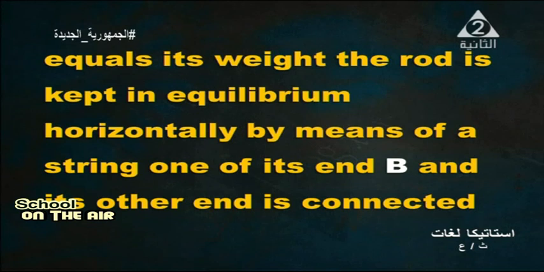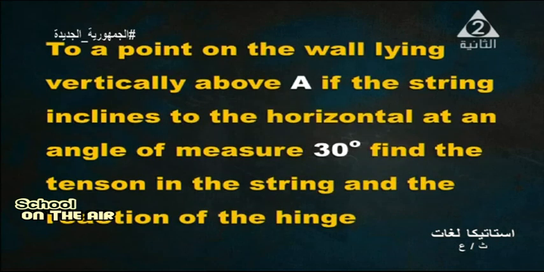The rod is kept in equilibrium horizontally by means of a string, one of its ends at B and its other end connected to a point on the wall lying vertically above A. If the string is inclined to the horizontal at an angle of measure 30 degrees, find the tension of the string and the reaction of the hinge.